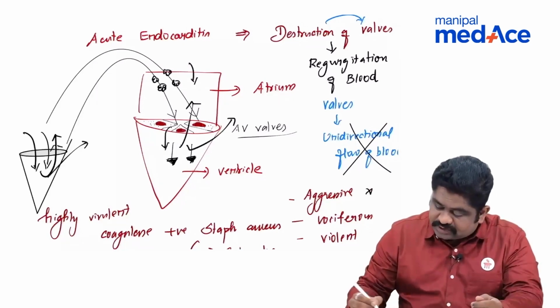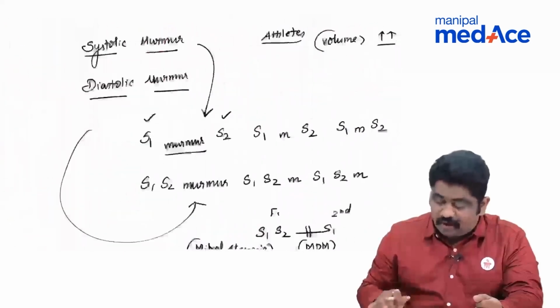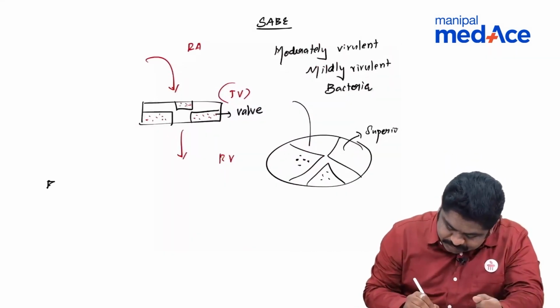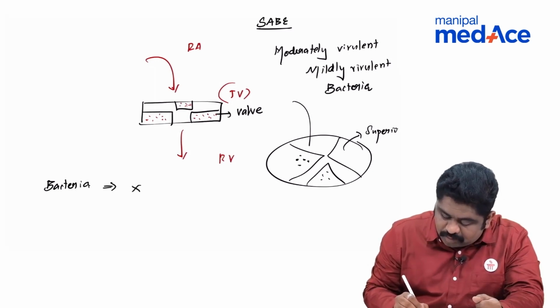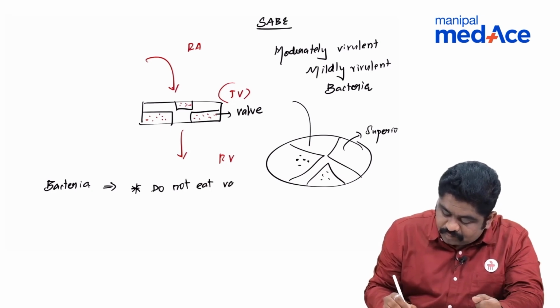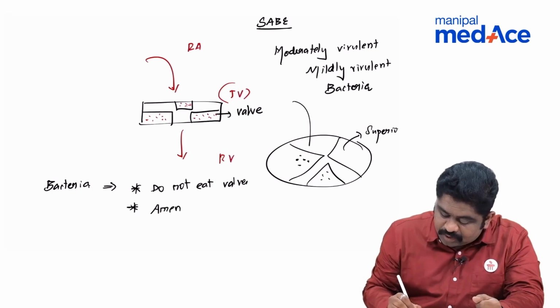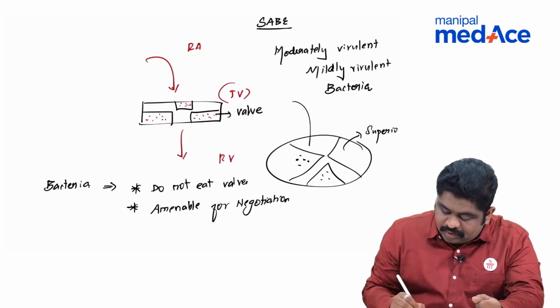The aggressiveness will not be there and the vociferous eating will not be there. They are not violent, but they are negotiable. It means the bacteria, number one, do not eat the valves. They are amenable for negotiation. They settle on the valves.